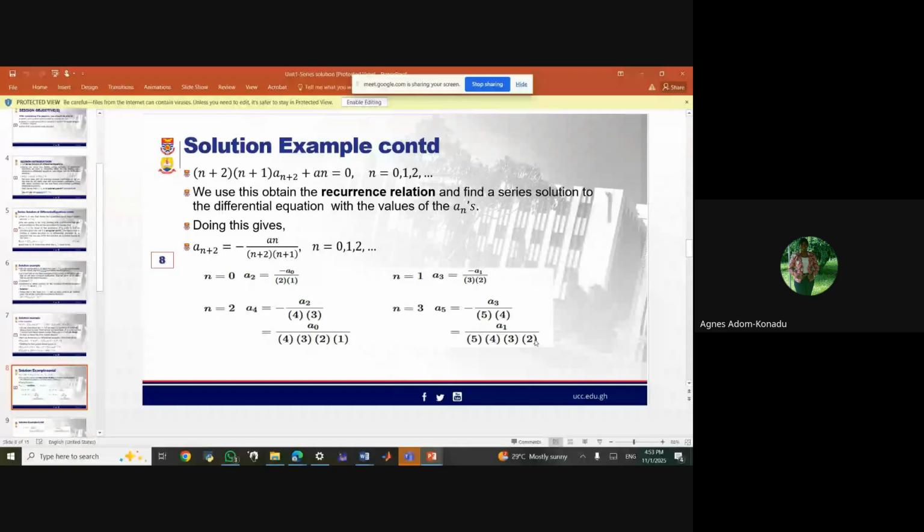So when you take your time, you see that there is a pattern for all the ones, a5, a7. They will all have a1 as the numerator, and the rest: if it is 7, you have 7, 6, 5, 4, 3, 2.